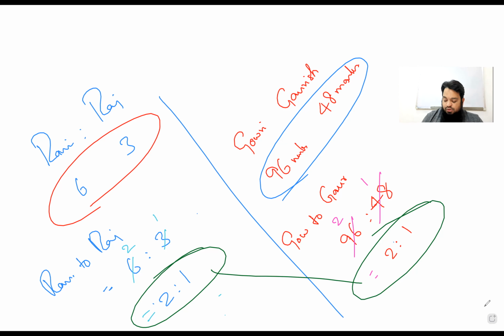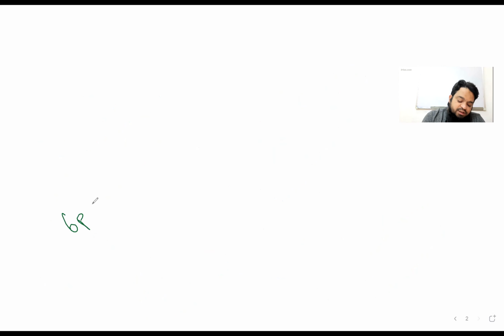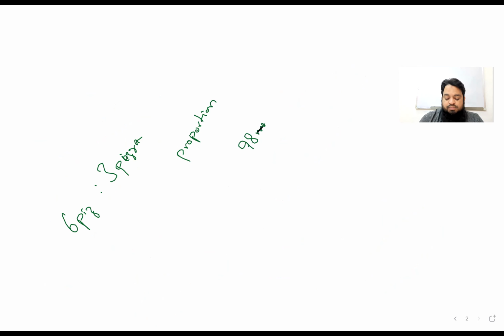That means 6 pizza parts is to 3 pizza parts, so pizza parts are in proportion with what? 96 marks is to 48 marks. Is it right? So how will we write mathematically?